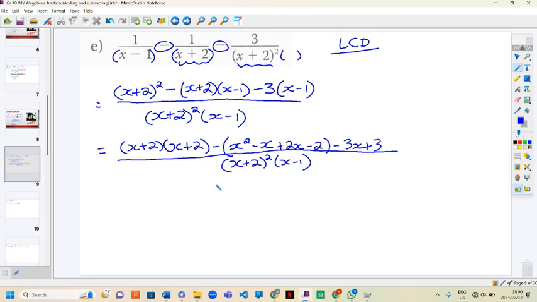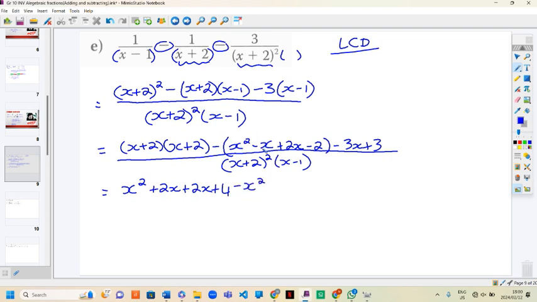Okay, good. So I still need to multiply this out, and I need to multiply this negative in. I still have brackets here. I need to get rid of those brackets. So I need to multiply out here. So that's going to give me x squared. x times positive 2 is plus 2x. 2 times x is plus 2x. 2 times 2 is positive 4. Negative times x squared is negative x squared.